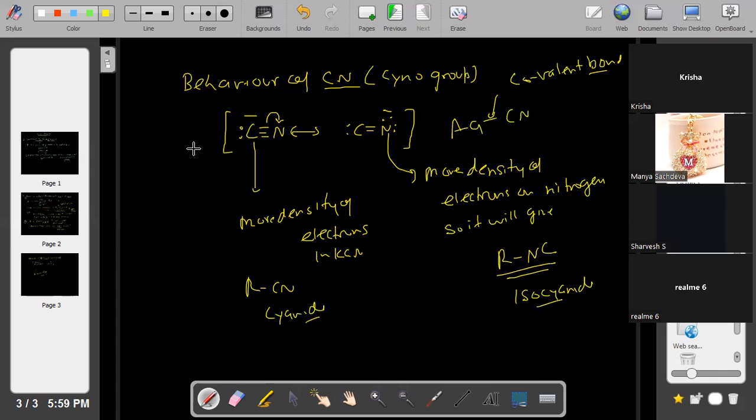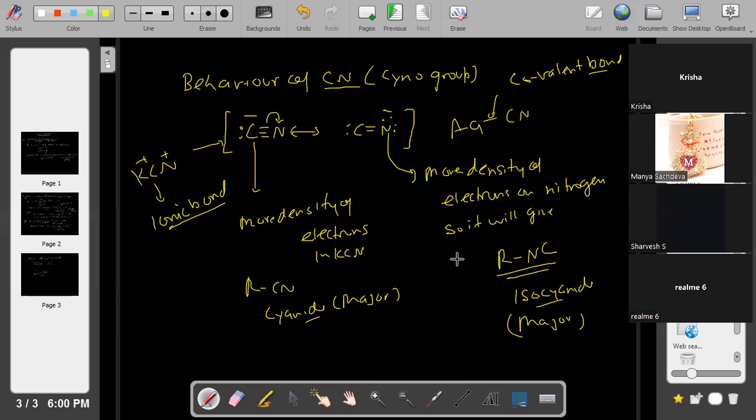But in KCN, the bond is ionic. In ionic bond you will get CN easily, so you will get RCN cyanide as the major product. More density of electrons on nitrogen in AgCN, so it will give RNC. So you got it easily.